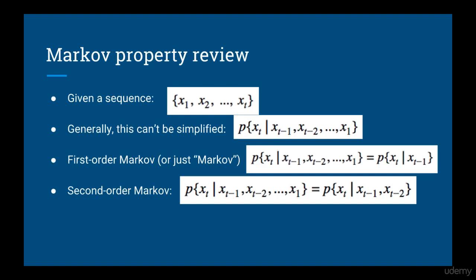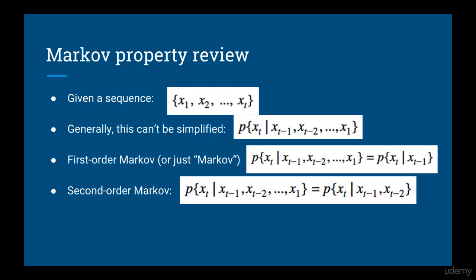Let's review the Markov property in the strict mathematical sense. Suppose we have a sequence of x1 up to xt. We can define a conditional probability on xt given all the previous x's. Generally speaking, this can't be simplified. But if we assume that the Markov property is true, then it can.